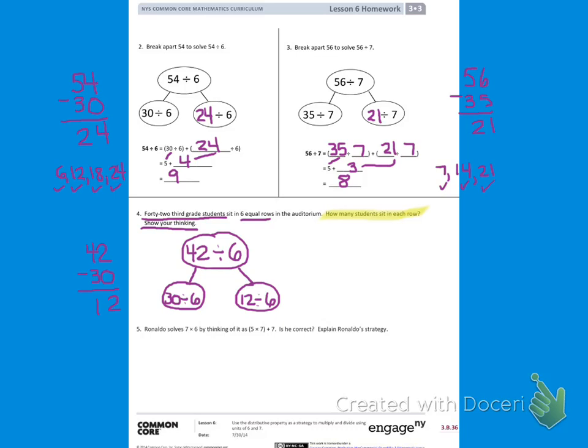Now I will make a math problem like they did above. 42 divided by 6 is the same as 30 divided by 6 plus 12 divided by 6.